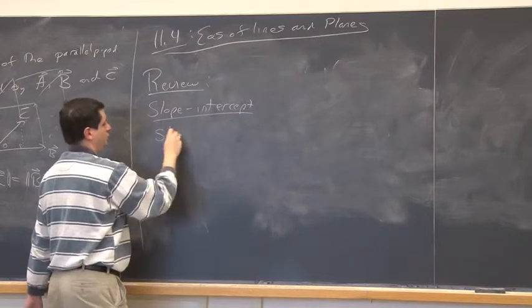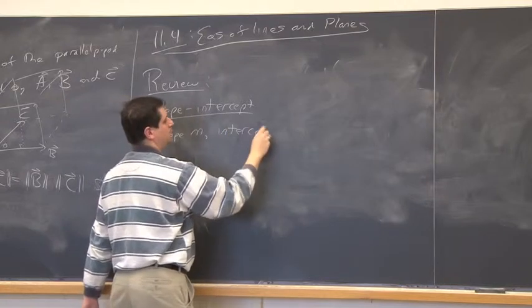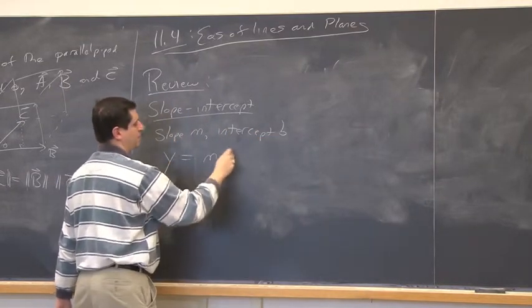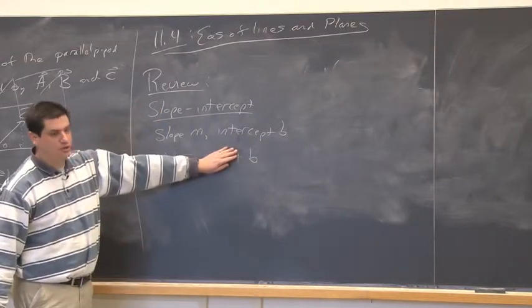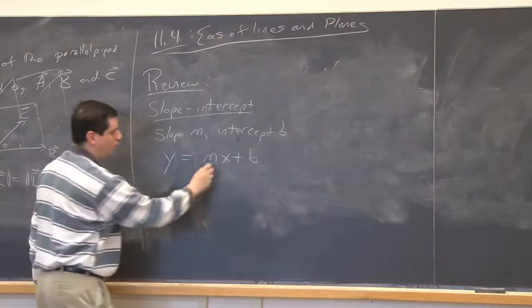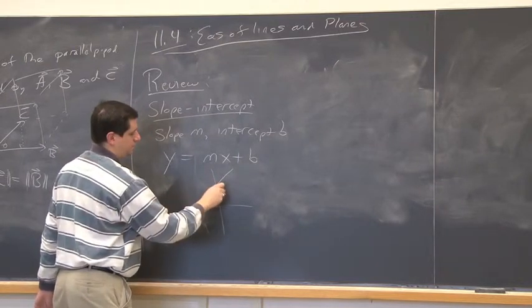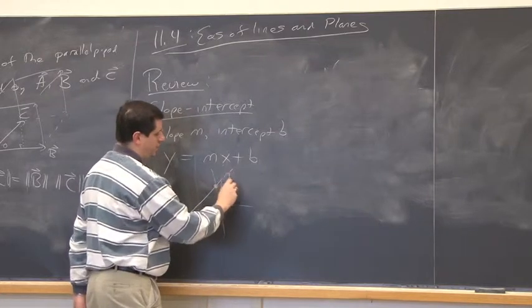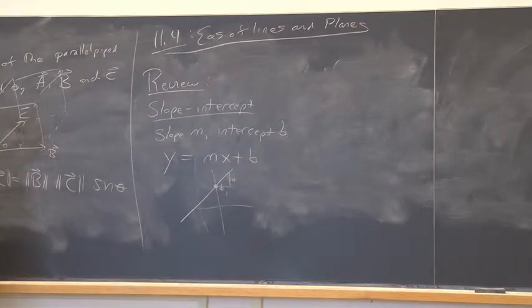I give you the slope m and the intercept b, and the equation is y equals mx plus b. When x equals 0, you get y equals b. So this tells you where the line hits the y-axis. And then you go over 1 unit here, up m units there. Okay, so this is the slope-intercept form.